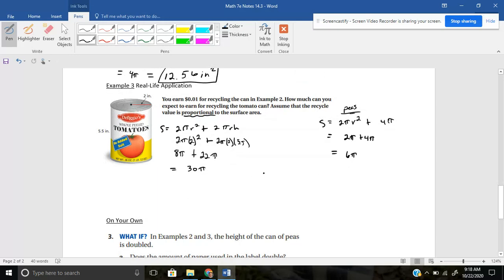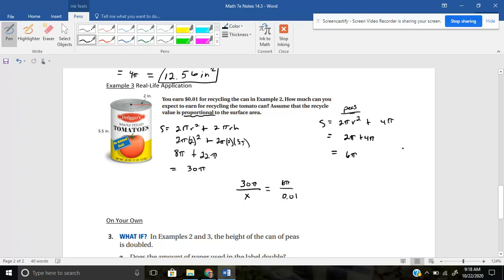I know that my tomato can surface area is 30 pi. I want to find out how much money I can earn for recycling that. I don't know that yet, so I'm going to call it X. That has to be proportional to my can of peas, which is 6 pi. And I know that I earn 1 cent for recycling that.